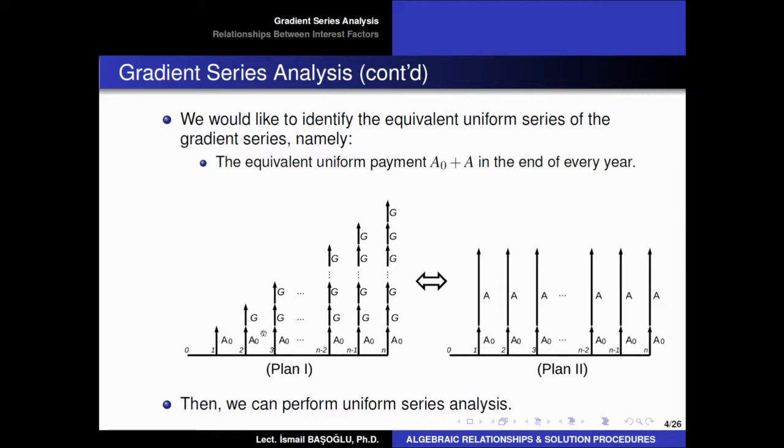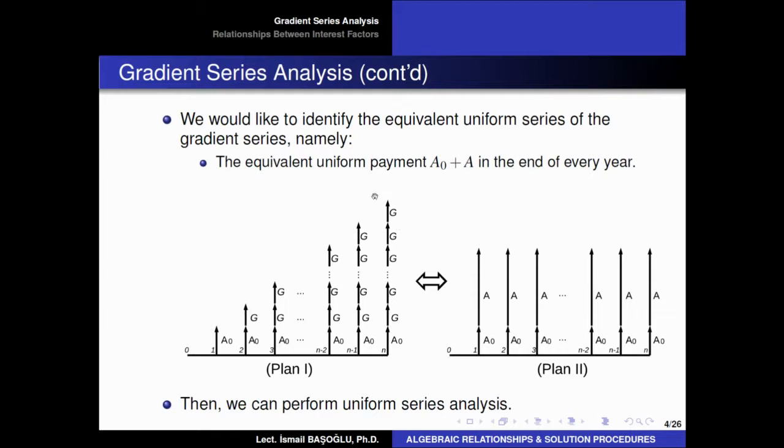Now, we already have a uniform part in this gradient series, but we also have a part starting from the second year. So my objective here is this: how can I convert this gradient part to another uniform series in which we are going to have payments of size A at the end of each year?